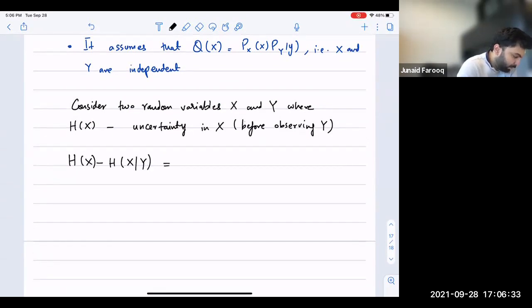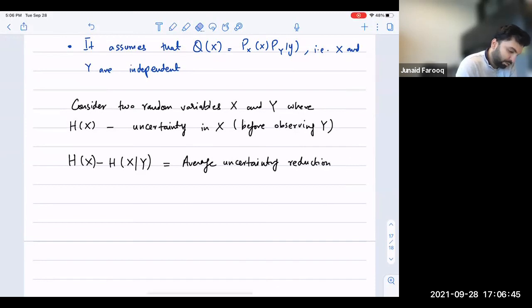is the average uncertainty reduction in X by observing Y, right?